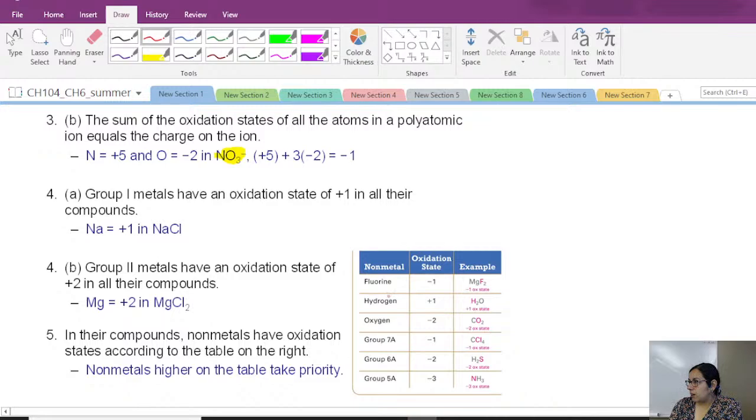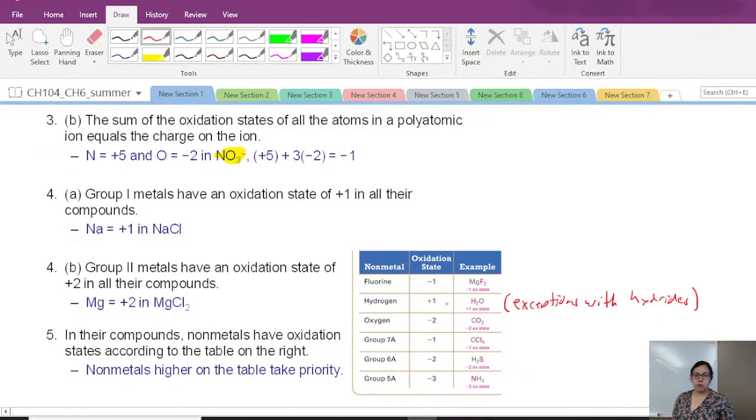Meaning fluorine should always be -1. Hydrogen is usually +1, right? But we remember that there are some exceptions with the hydrides. I think you had some metal hydrides on your naming. That's rare, but again, usually hydrogen is +1, like in an organic compound.